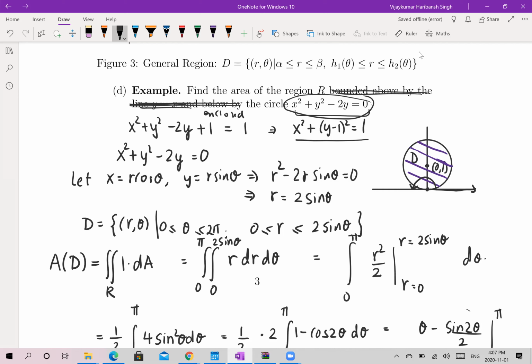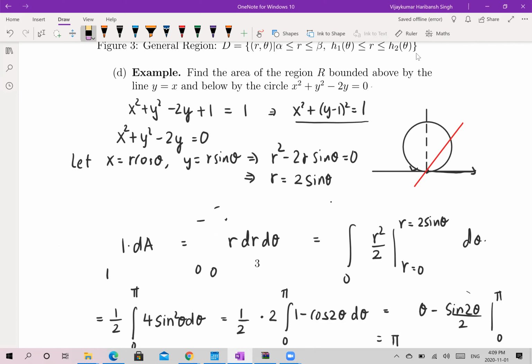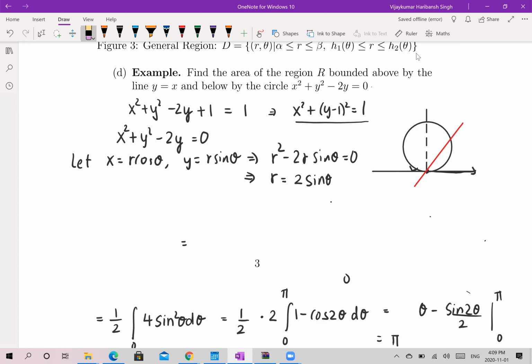Now let me modify this problem to include our earlier constraints. I ended up reading the problem in a different way and ended up solving a different problem. Nevertheless, in this case, we are looking for the following region.